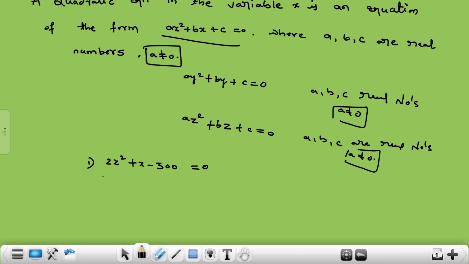Let us compare this example with the standard form of the quadratic equation. So what is the standard form? ax square plus bx plus c equals 0. Compare the standard form with the example. So what is the value of a here? a equals 2, in place of x square. What is the value of b here?